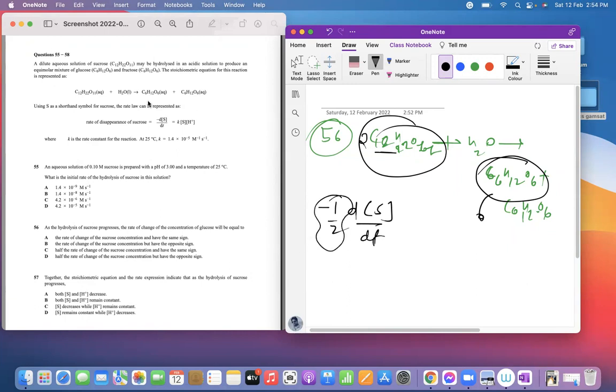If there is no 2 in the main equation, there is no stoichiometry, so the word 2 or half or 3 times will never appear in this line. Any doubt? So C and D are completely wrong. Please tell me, any doubt about options C and D? So tell me, which is the final answer?